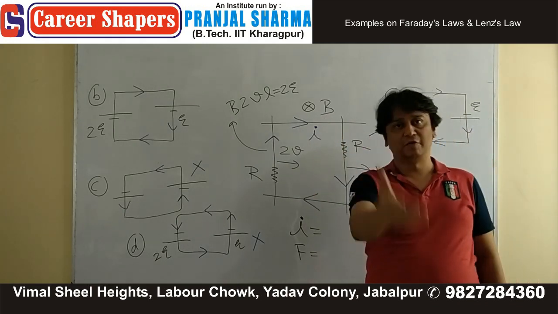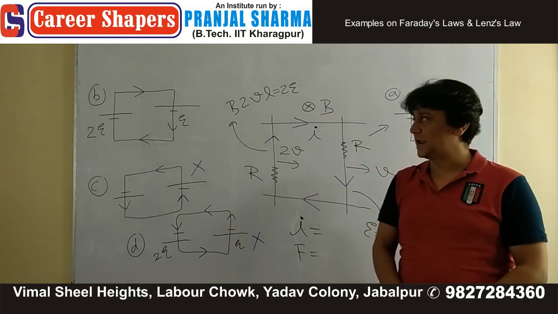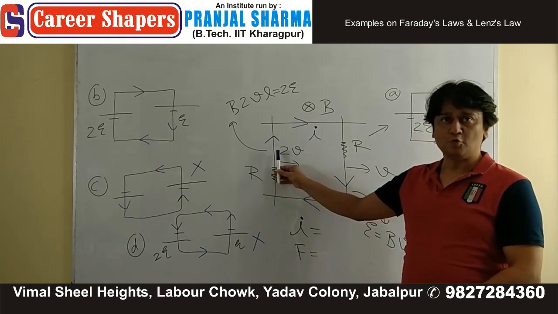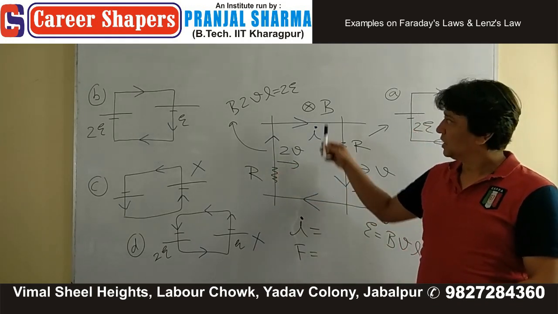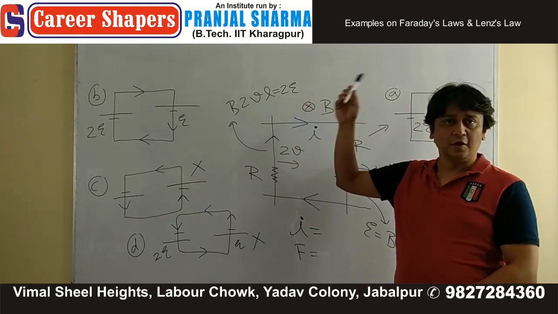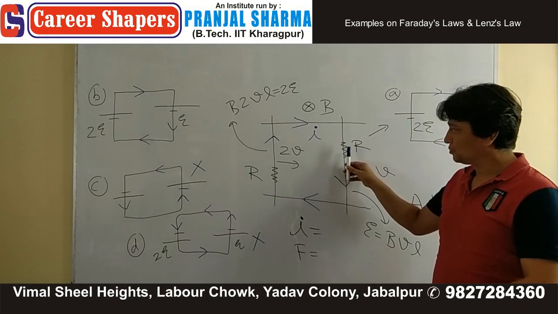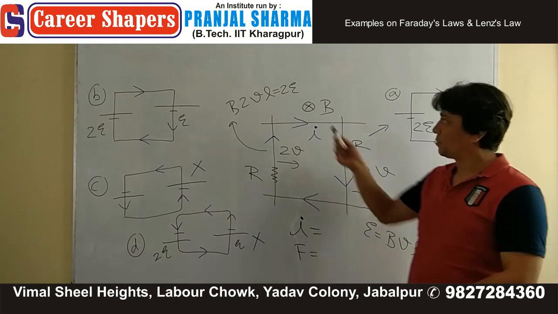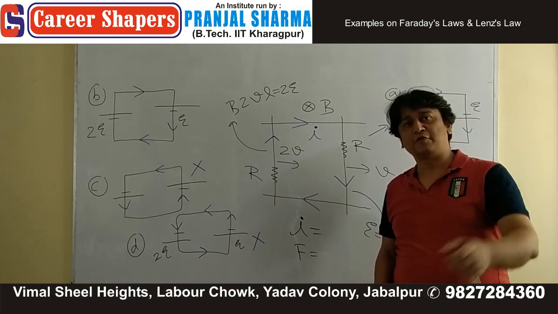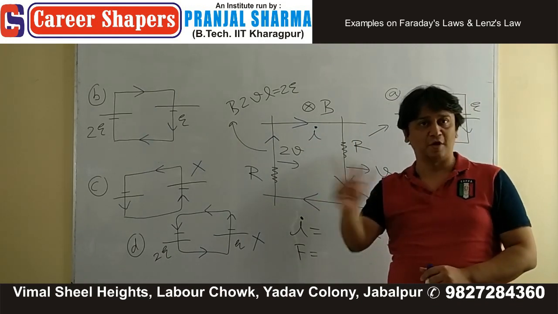If I had not given you the concept of flux and I had simply asked you, a rod is moving to the right in the presence of a magnetic field which is pointing in. There is another rod which is moving to the right in the presence of a magnetic field which is pointing in. Direction of induced EMF should be same or different?